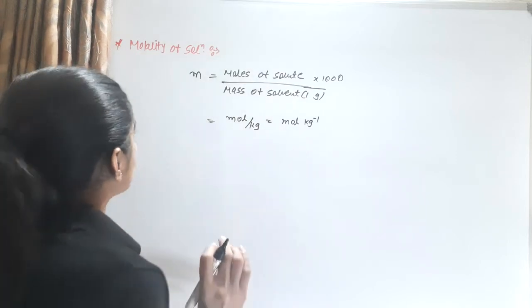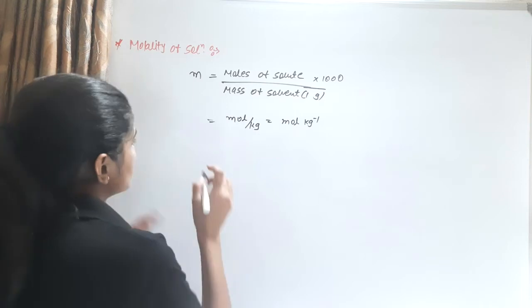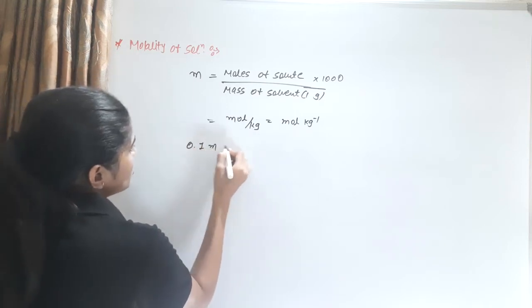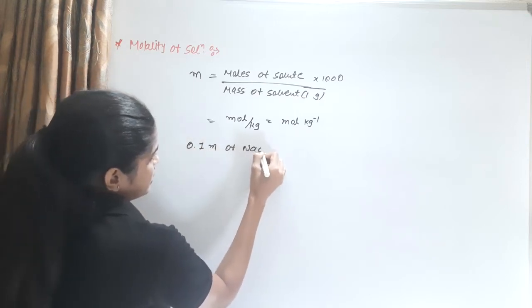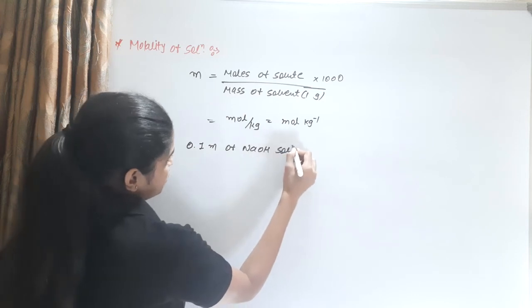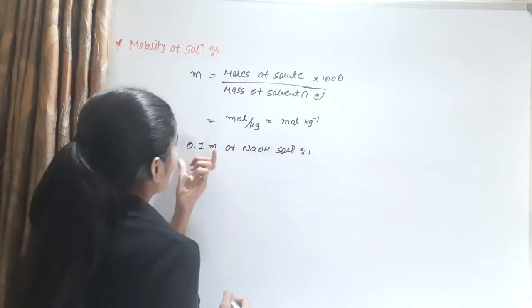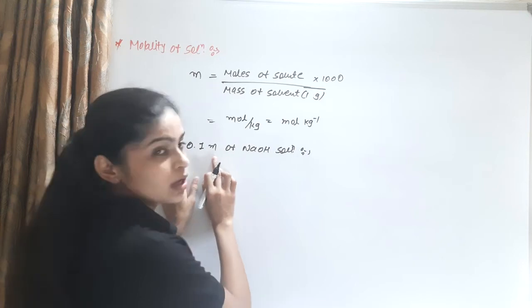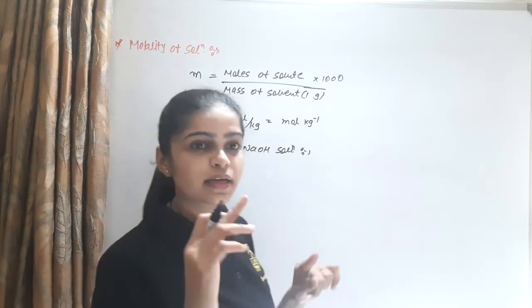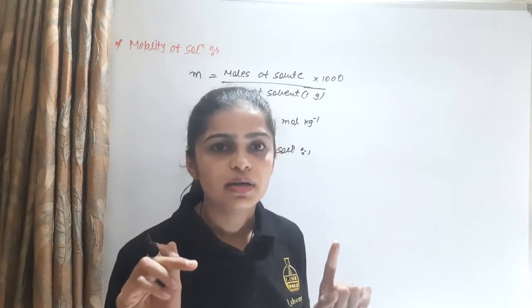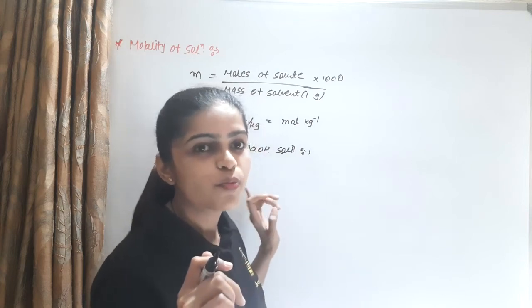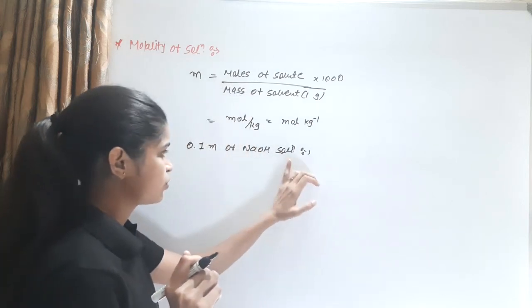For example, consider molality. A 0.1 molal NaOH solution. This is known as molal, with small m, and capital M is known as molar. So this is a 0.1 molal NaOH solution.